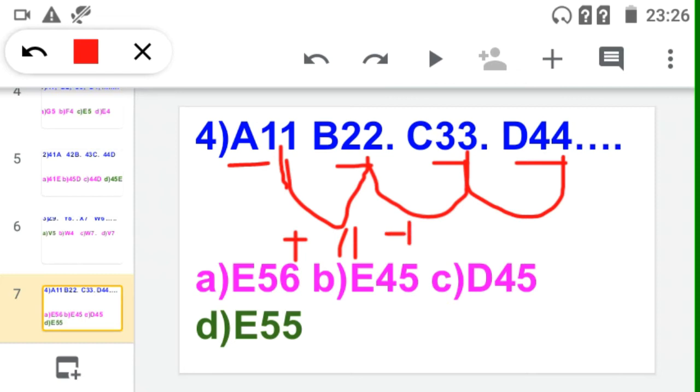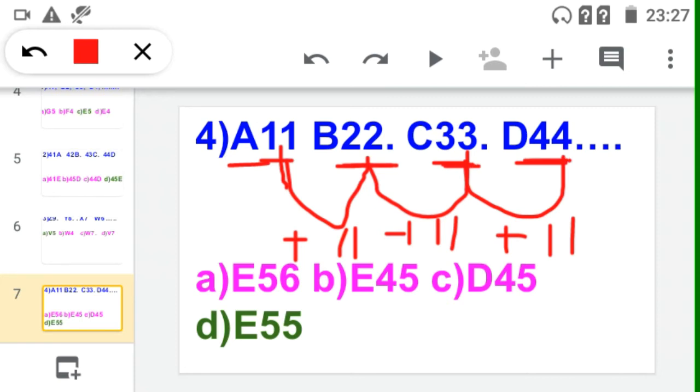Then if you add 11 to 22, then you will get 33. If you add 11 to 33, then you will get 44. So 11 ones are 11, 11 twos are 22, 11 threes are 33, and 11 fours are 44. So these are the 11 tables.